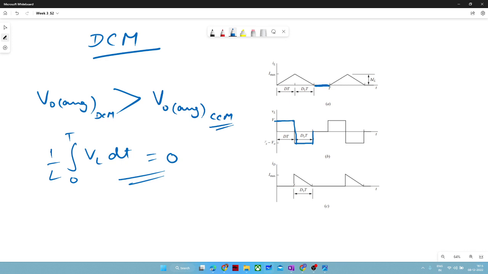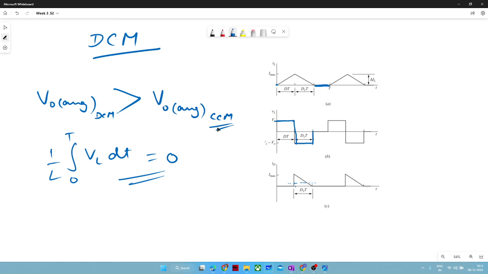So again, now focus on ID. ID will conduct when your inductor is discharged across the load. However, no rectangular portion is available here. In the earlier case of CCM there was some rectangular portion, but now in DCM we do not have any rectangular portion, because your inductor current itself starts from zero.